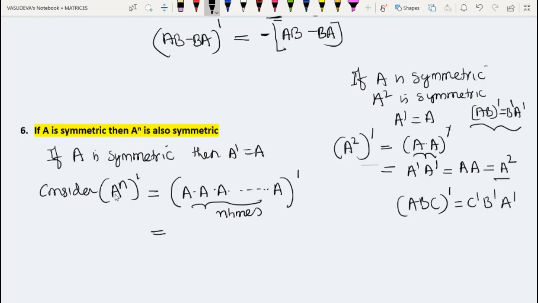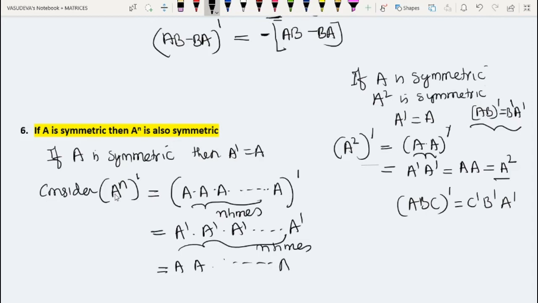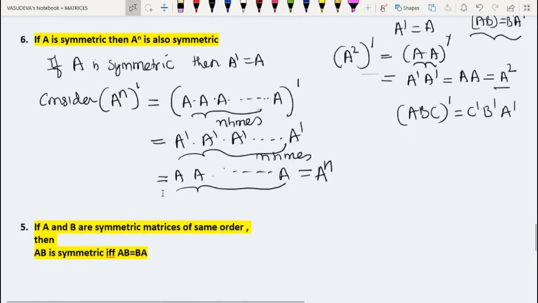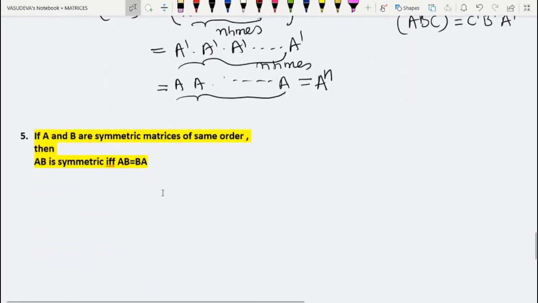Extending this property we can write A dash into A dash into A dash etc., into A dash, totally n times. So that can be written as A dash is A because A is symmetric, into A etc., into A, totally n times. Therefore, you can write A power n. So if A is symmetric, then A power n is also symmetric.